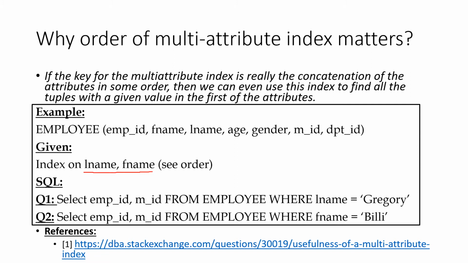But if you are searching the phone book with the first name, then you are stuck. You will need to see all the names, and whenever you find the first name Billy, only then can you jump to the page number where you can find the record of Billy. This example was taken from the link shown in the references.